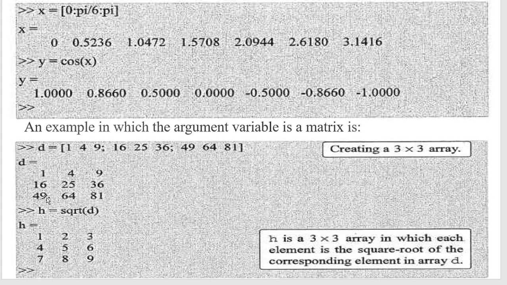Now we are going to find the square root function. The sqrt is one of the math built-in functions. The square root of that matrix is: first row 1, 2, 3, second row 4, 5, 6, third row 7, 8, 9. Now we are going to verify this.